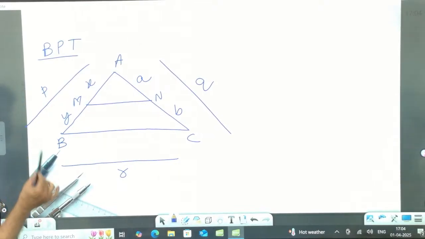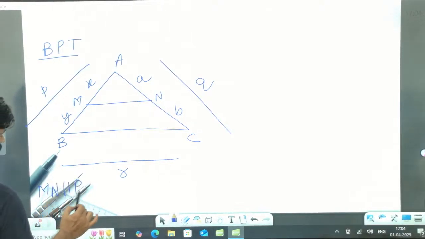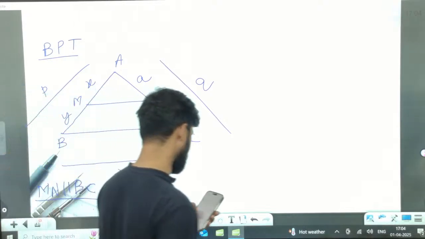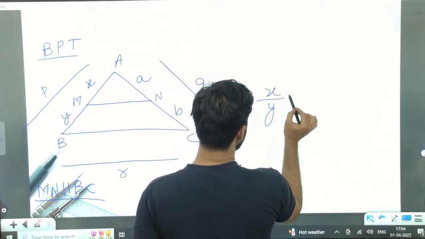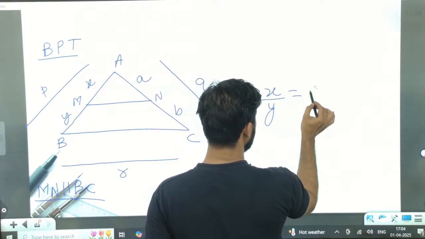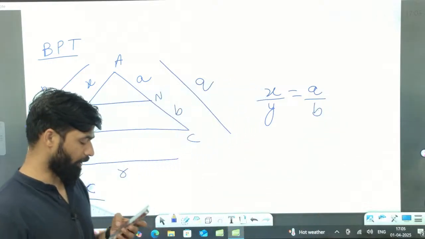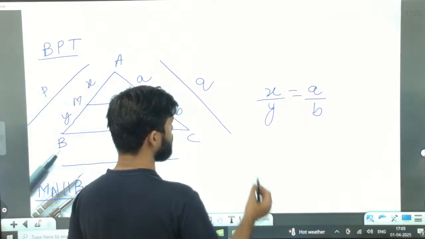In this, MN is parallel to BC. So write some results. We can write it directly. This length x upon y equals A upon B. If you don't want to cancel, this is the first one.